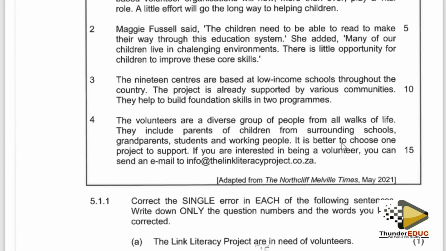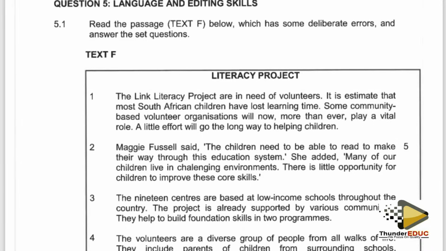It is better to choose one project to support. If you are interested in being a volunteer, you can send an email to info@thelinkliteracyproject.co.za. That is the text that we are given for our language editing. All right, let's go and see what errors are there, because we are supposed to see them and then answer questions based on them.